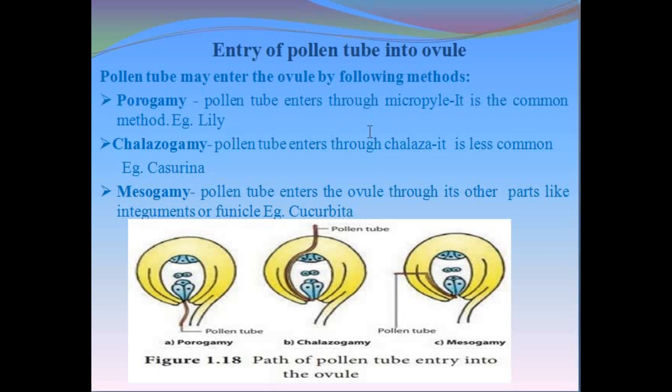Here the entry of the pollen tube is through the chalazal portion. It is less common and is observed in Casuarina. The third type is called mesogamy, where the pollen tube enters the ovule through other parts like the integuments or through the funicle. This is called mesogamy, which is observed in Cucurbita.